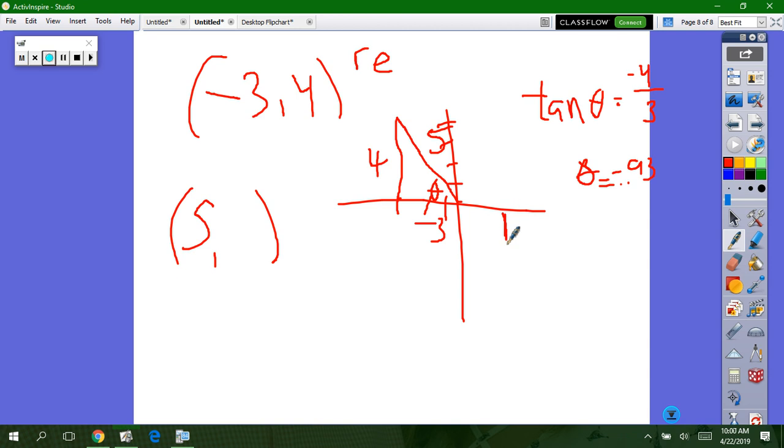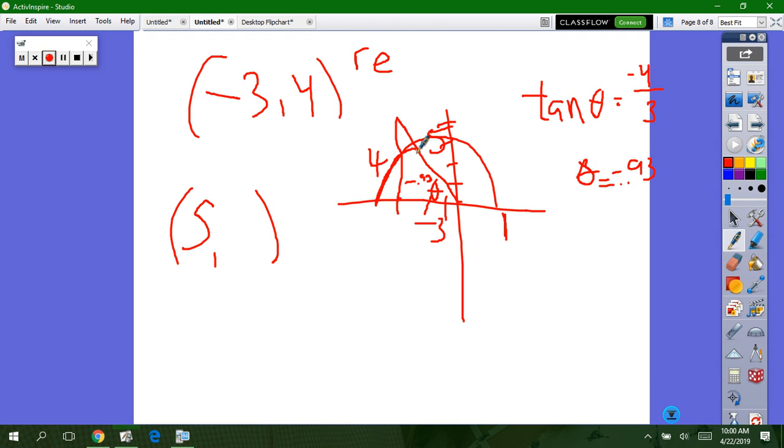Now, where is negative 0.93? It's down here, right? Is that what quadrant I'm in? But that's our reference angle, isn't it? So therefore, this theta is negative 0.93. Or you could go pi minus that negative 0.93, right? So pi minus 0.93. And wouldn't I get the angle that I'm looking for? Can somebody do that?